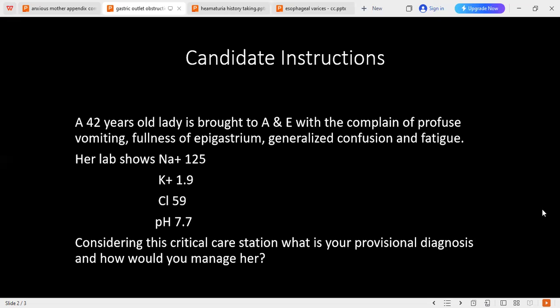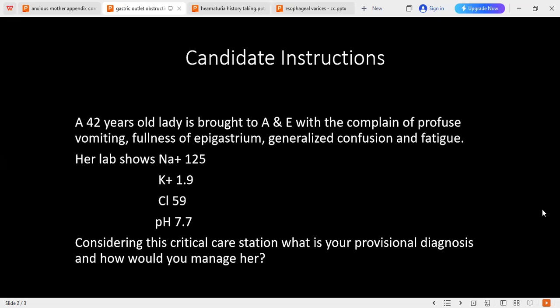Hyponatremia would be divided by urine sodium. If it is less than 10, then it could be due to dehydration, vomiting, or diarrhea. But if urinary sodium is more than 20 and the patient is hypovolemic, then it could be due to other causes like diuretics, cerebral salt wasting, or mineralocorticoid deficiency.